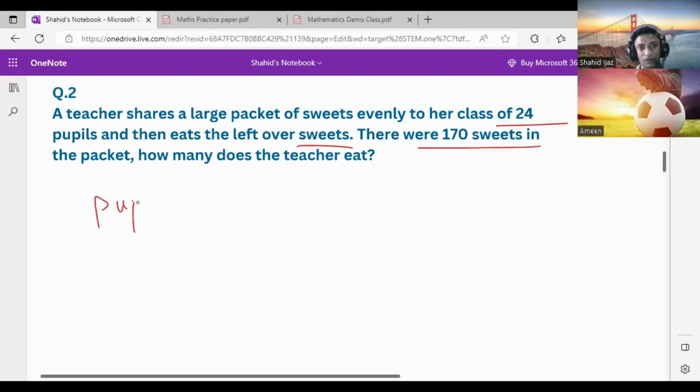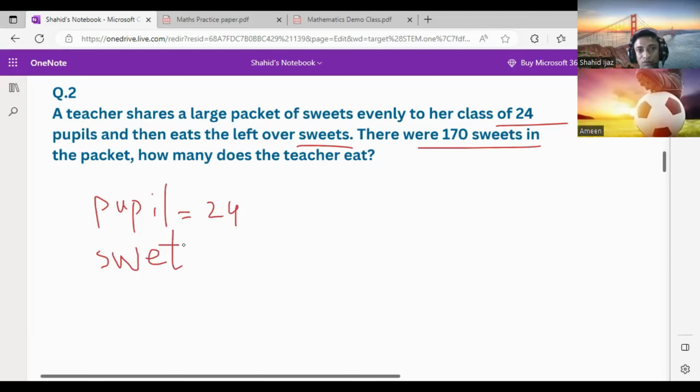If there are 24 people, then how can we divide 170 sweets among them? There are a total of 24 pupils and sweets were 170. How can we divide 170 evenly among 24 students?